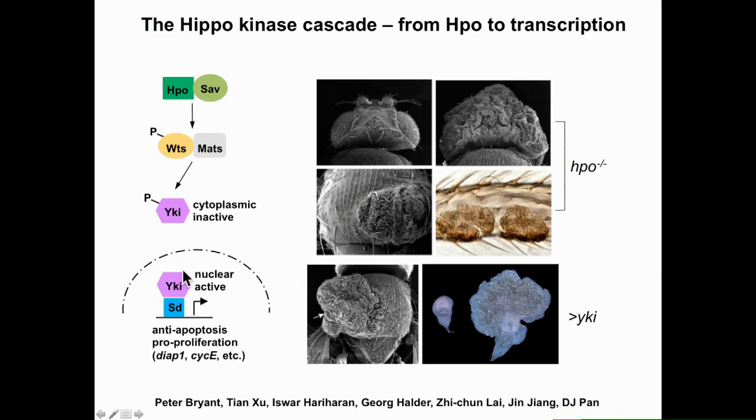Phosphorylation of Yorkie prevents its function as a nuclear activator. In the absence of this phosphorylation, Yorkie can engage its partner Scalloped to activate genes which normally would promote growth. So Yorkie is really an oncogene, while these upstream tumor suppressors, of course, suppress growth.